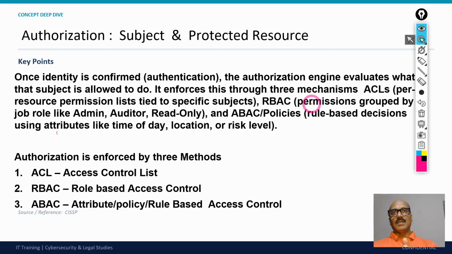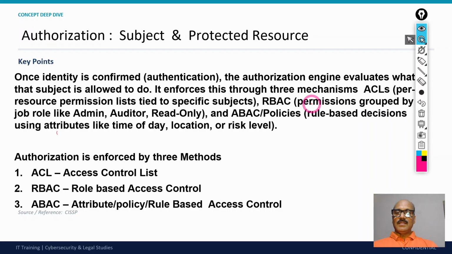The user is assigned to that permission list. With that list, the user is able to do what is allowed as per the list on the resource, which we are going to see.